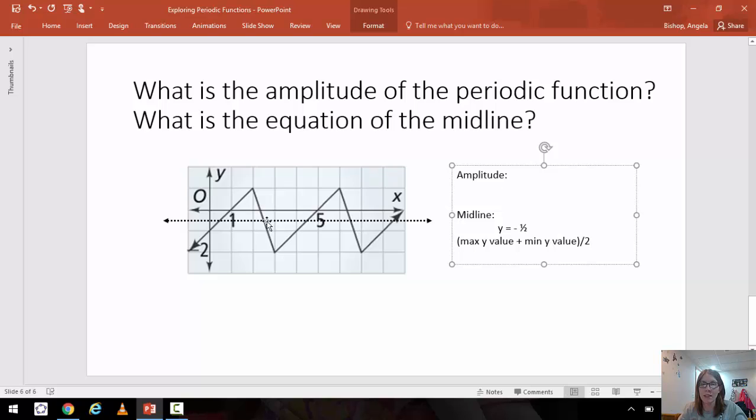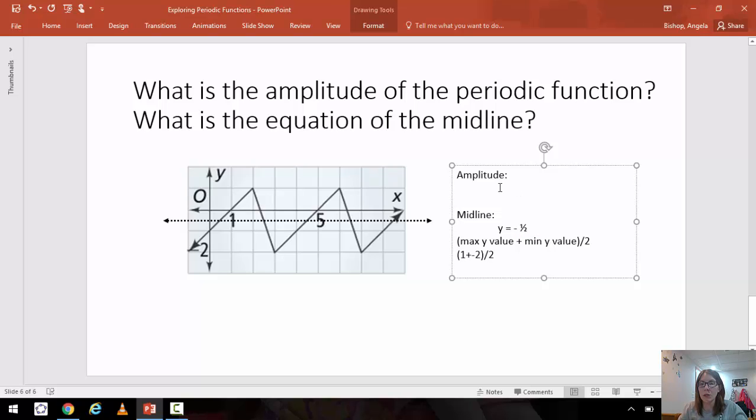So in this case, our maximum y value was 1, our minimum was -2, divided by 2. 1 plus -2 is -1, divided by 2 is our -1/2. That's an easy way that we can figure it out.